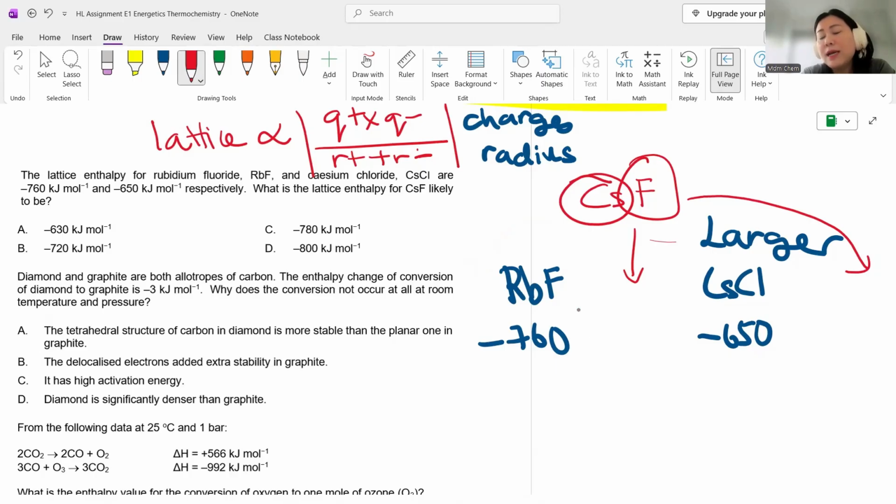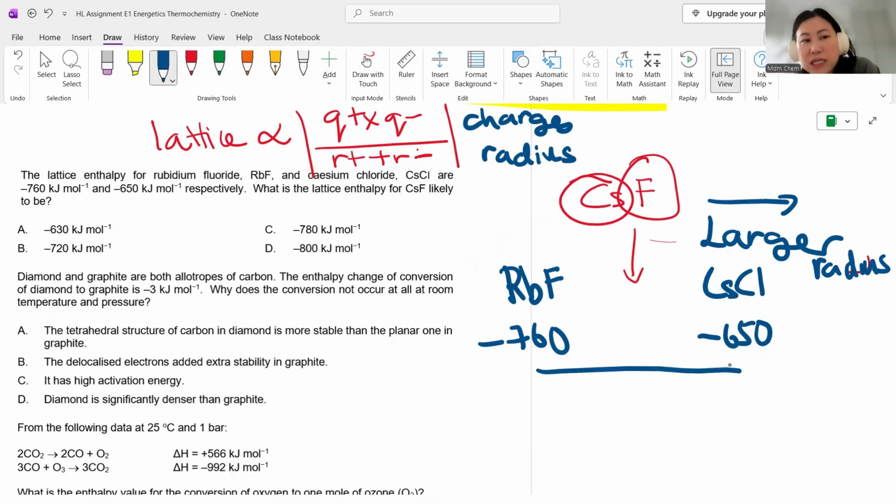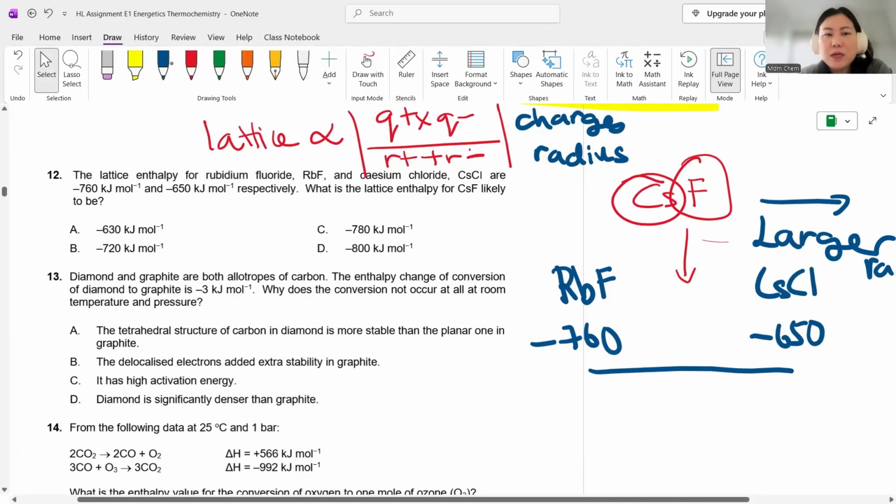It will be lesser than RbF, but it will be more than CsCl. So I will not put it here because it's smaller. Right? So the larger radius is towards this side. Okay? So I will put it here. So I'll expect it to be a value in between 760 and 650 for question 12. So I will choose B for 720.